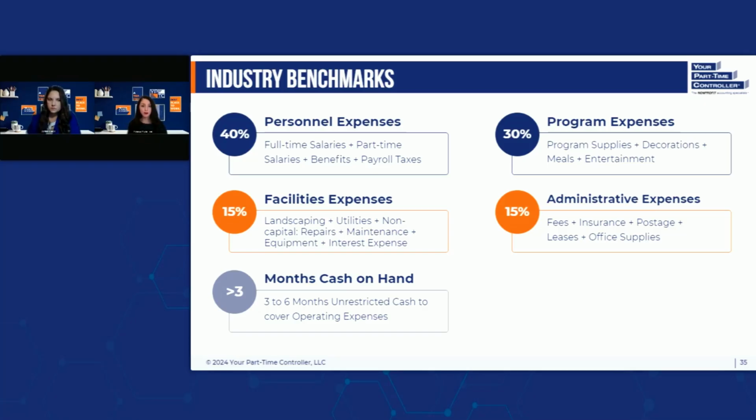And then in terms of administrative expenses for fees, insurance, postage, things like that, we're looking at 15%. So of course, those have to add up to 100, and you'll tweak those between what is appropriate for your region. And then in terms of months cash on hand, I mentioned this earlier, where 3 to 6 months is not only for nonprofits, but also for for-profit organizations, the benchmark to follow there.